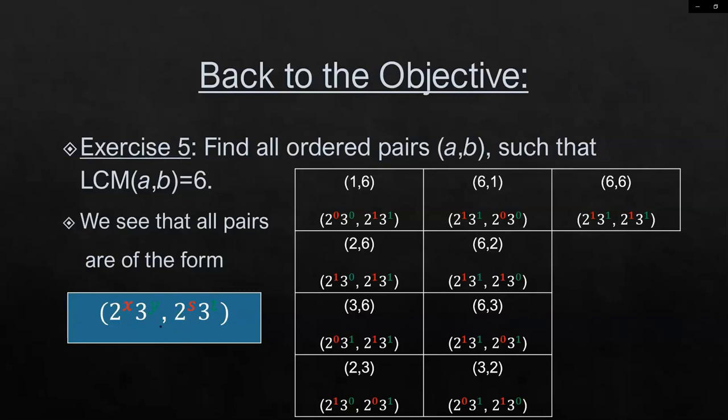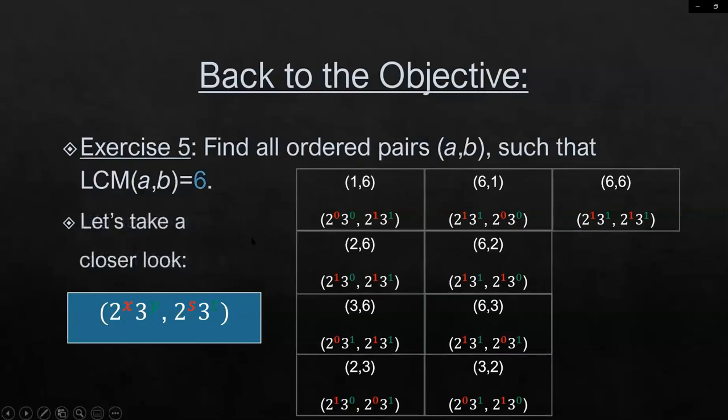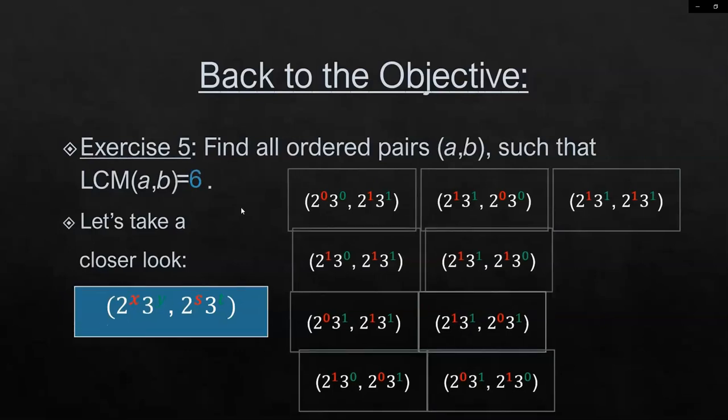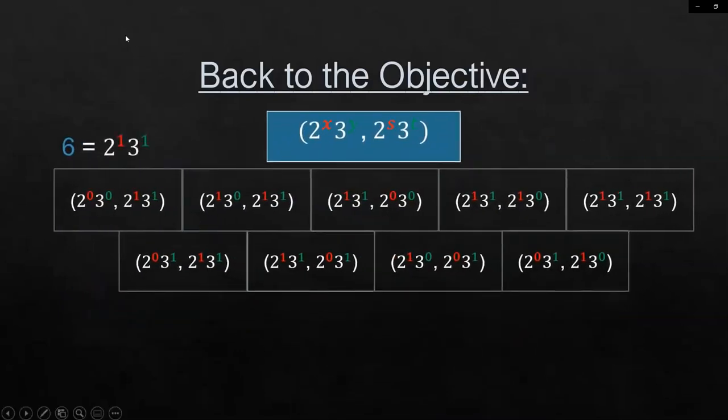But before we get into why this happens, I want to take this example and make some observations on it first. So that's what I'm going to start with. Let's take a closer look specifically at only the pairs.